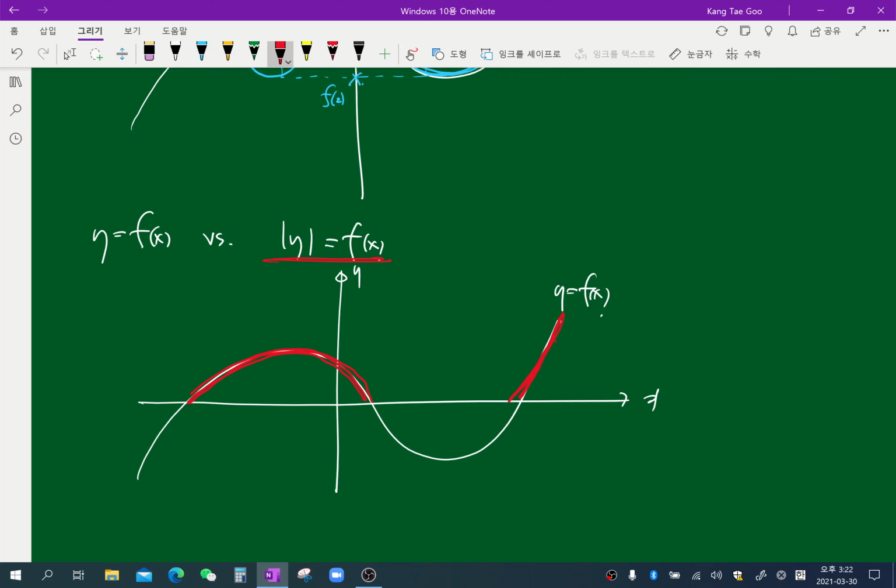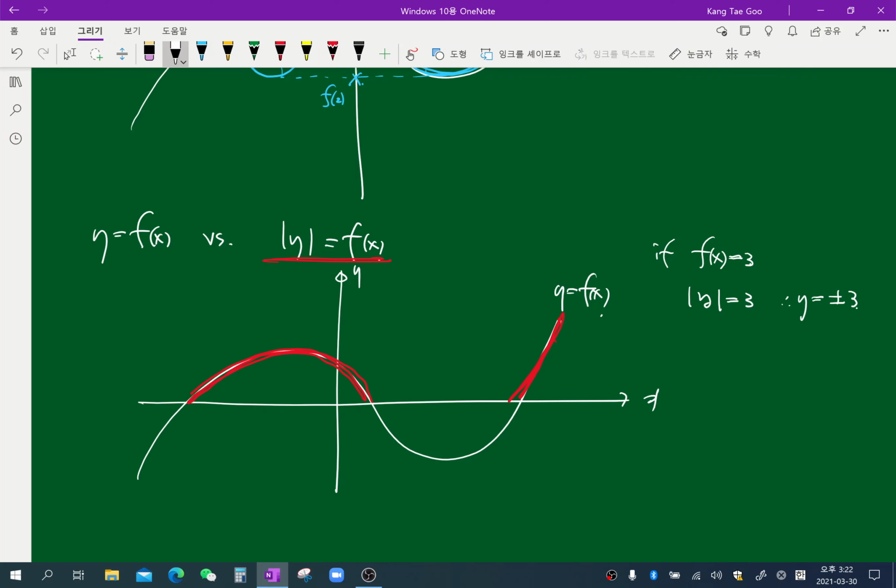Am I right? After that, we need to think about two things. First, if f(x) is 3, then what happens on this red one? |y| = 3, right? Then y is plus or minus 3, which means you have one y value on top of the x-axis and another y value underneath the x-axis.